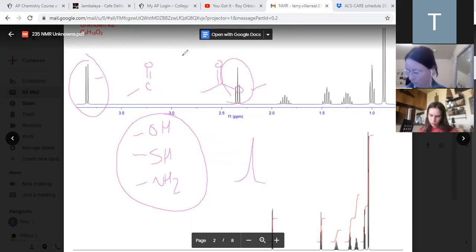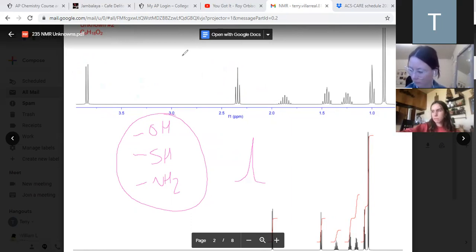Does that make sense? Yes. When your hydrogens are on carbons, that's when you get these weird splitting patterns, things like doublets, triplets, stuff like that. You can still get singlets, but when they're on oxygens, when they're on sulfurs, when they're on nitrogens, whatever, that's when you get these wide peaks. They don't split. You'll never be able to tell. You can only tell by the integration. Okay.